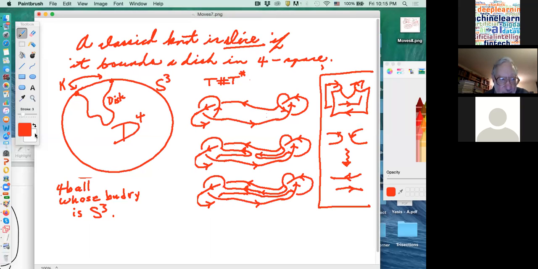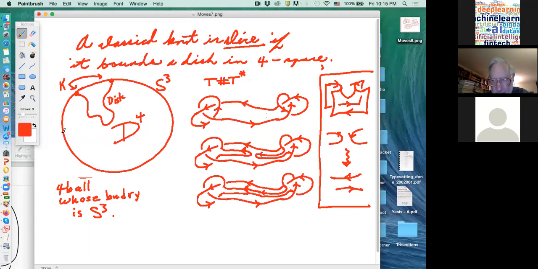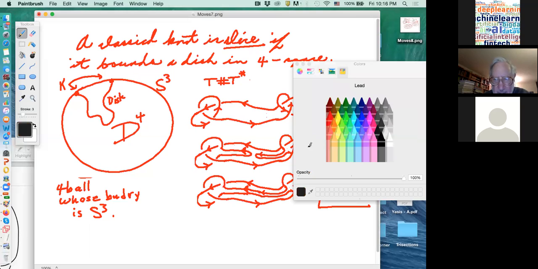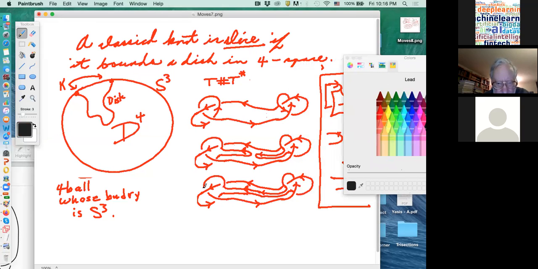But now, let's use another color in here so we can see what happened to the two components that appeared. Let me just trace this one in black. Do you see it? It's unlinked, right? At the next stage, we can do it in a stage or two just so it's completely clear.